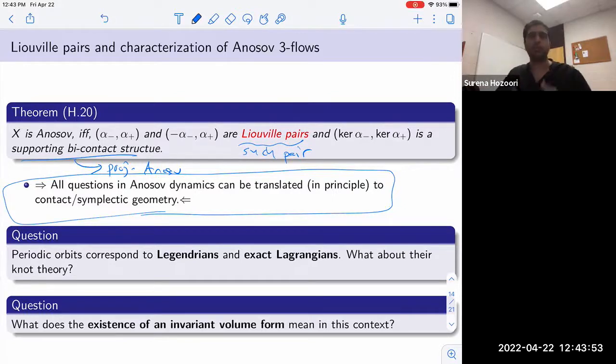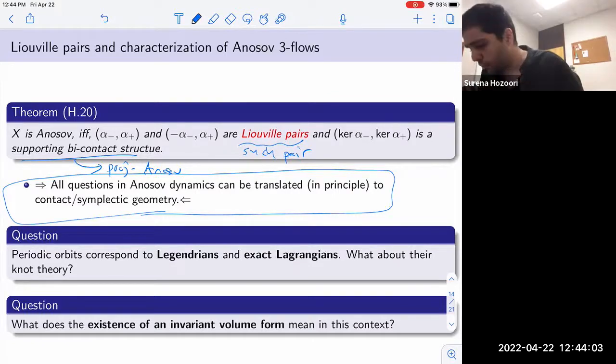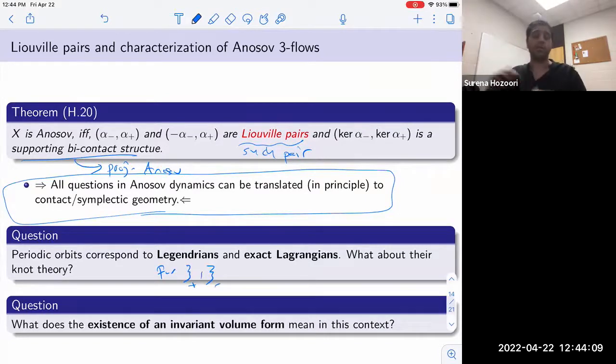For instance, there are many different directions we can go from here. The periodic orbits of these flows would correspond to Legendrians for both C plus and C minus on the manifold, because the flow lines are tangent to both of these contact structures.